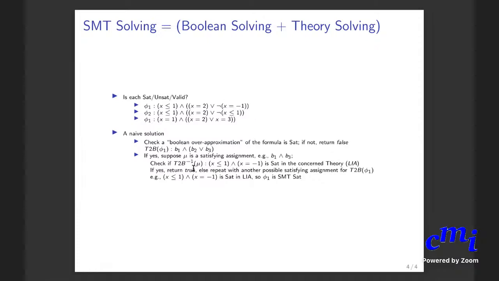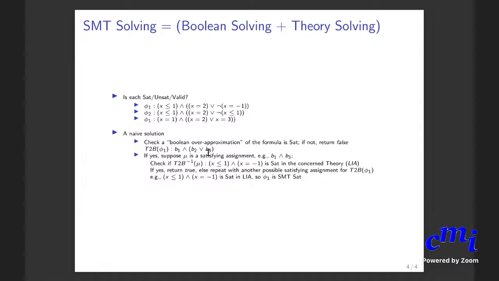So you get the Boolean over approximation by replacing every atomic formula in that SMT formula by a propositional variable, so B1 and B2 and B3.